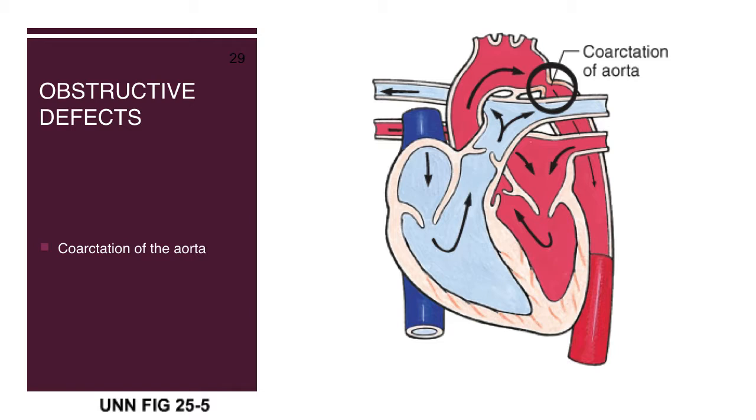And so what happens with that is that the heart has to contract harder to get the blood past that obstruction, but also the blood tends to kind of back up. So if it's backing up into the lungs, and so then they're more prone to get pulmonary edema.